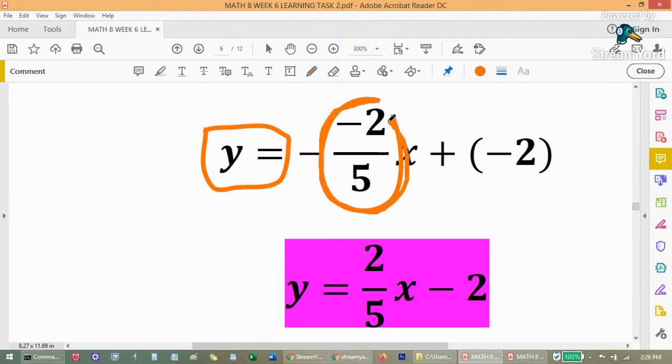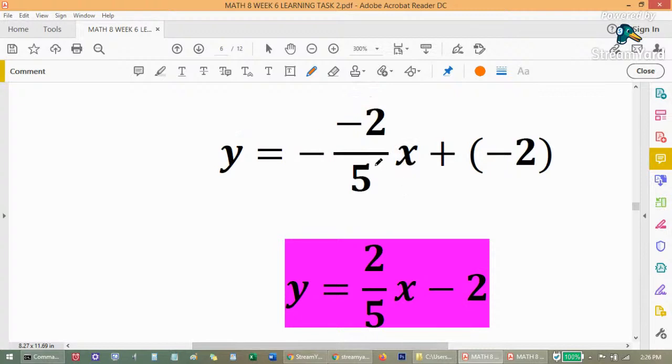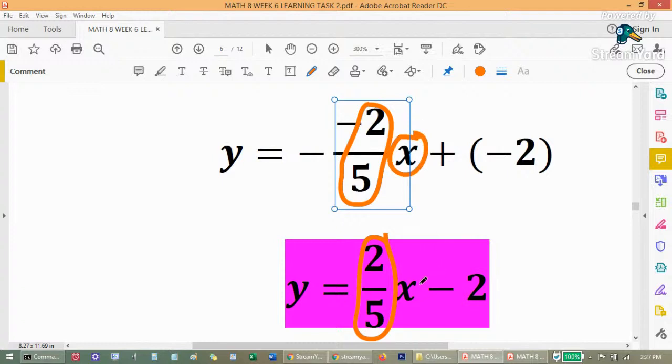Itong buong number na to is negative times negative, magiging positive. Pwedeng hindi nasulat yung plus. Or pwede din, since positive to. So, ito, negative times negative is equals to positive. So, kaya positive to. Magiging positive 2/5 x.